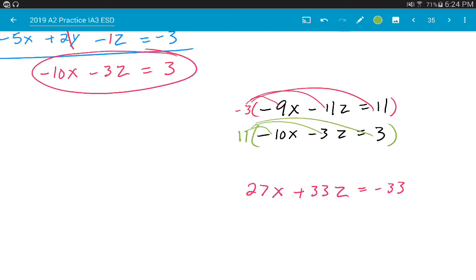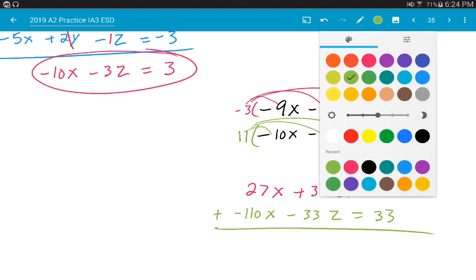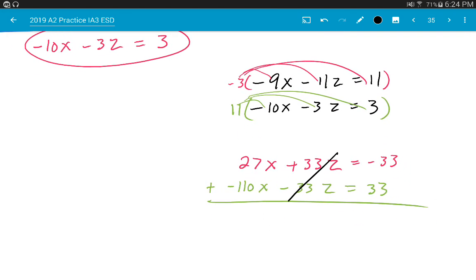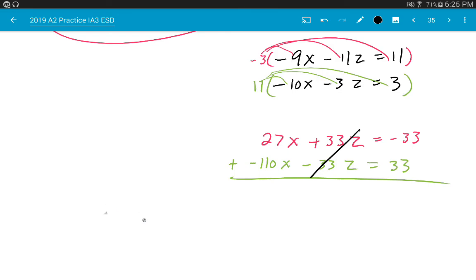Distribute that in. Will get me negative 110x minus 33z equals 33. I'm going to add these up. The z's will cancel. 27 minus 110.